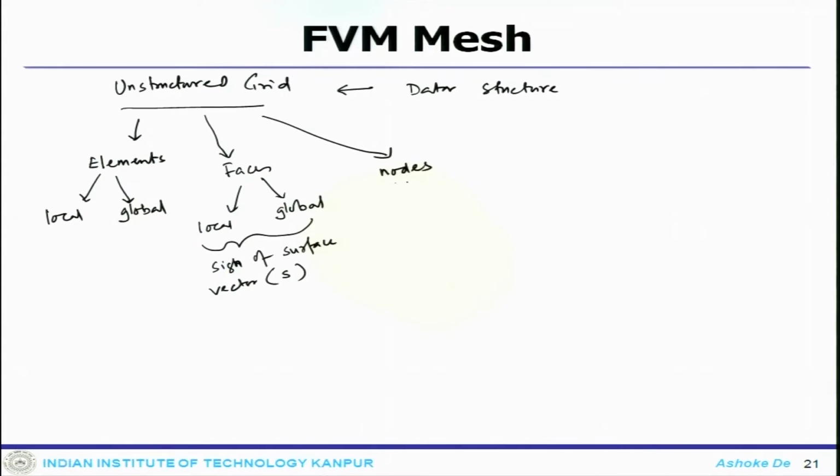Again there would be local indexing of the node, global indexing of the node, and other information.